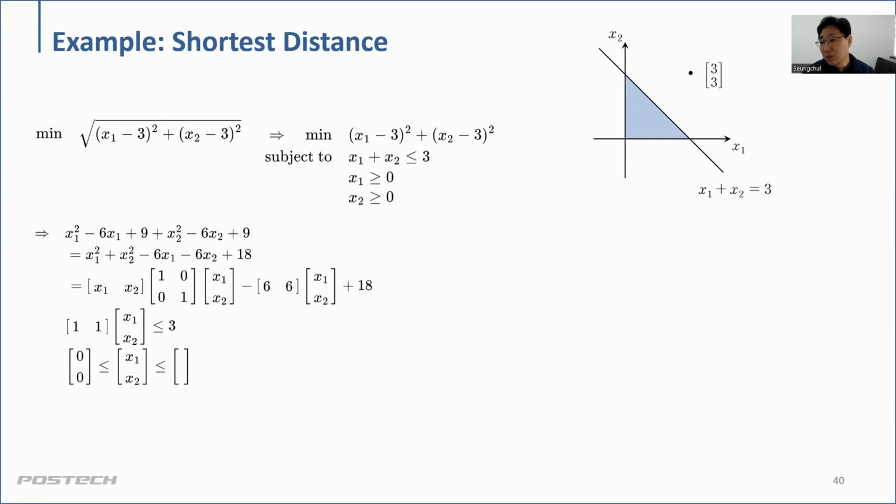Let's move on to a more interesting problem. This is an example of finding the shortest distance. Suppose we have this kind of problem. Let me think about some kind of situation.